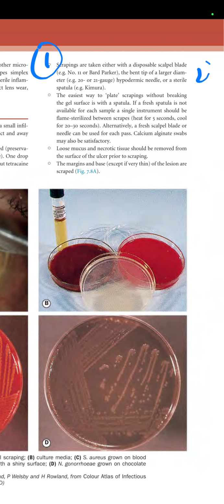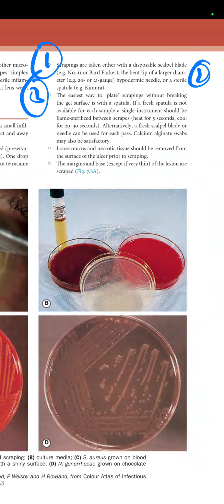Second, a needle of about 20 to 21 gauge. Third, the spatula. The easiest way to plate the scraping without breaking the gel surface is with the spatula, because you can just plate the scraping.